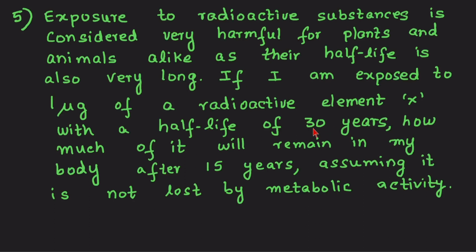For example, in this question, the half-life of the radioactive element I'm talking about, I've taken a hypothetical one, is 30 years, but it can be many years, much more than that. In other words, the time taken for that radioactive element to disintegrate to half of its initial concentration or value is 30 years.